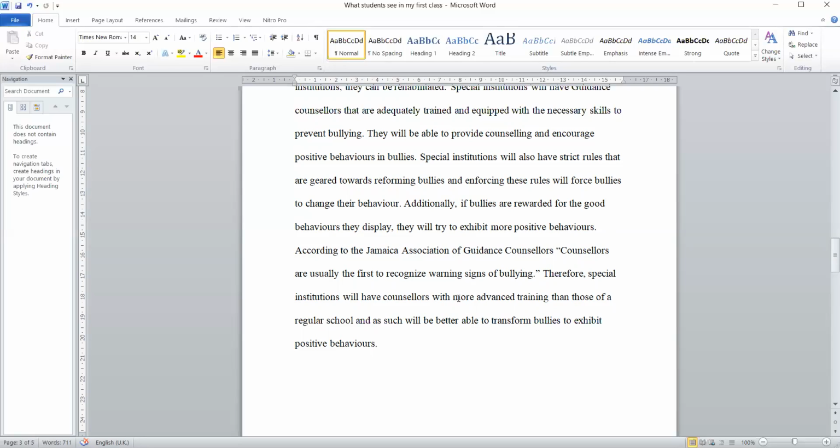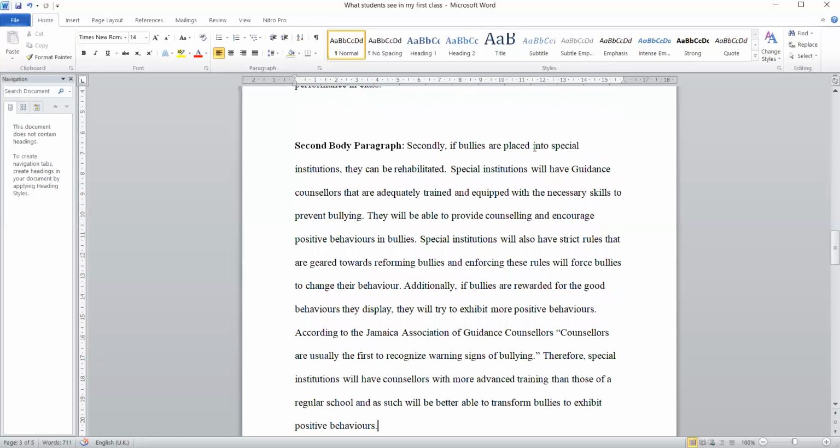So what I said was that at the special institution, guidance counselors will have more advanced training, and as such they would be better able to identify the signs of bullying and would be able to transform bullies to exhibit positive behavior. So you have to remember to link it back to your point, right?